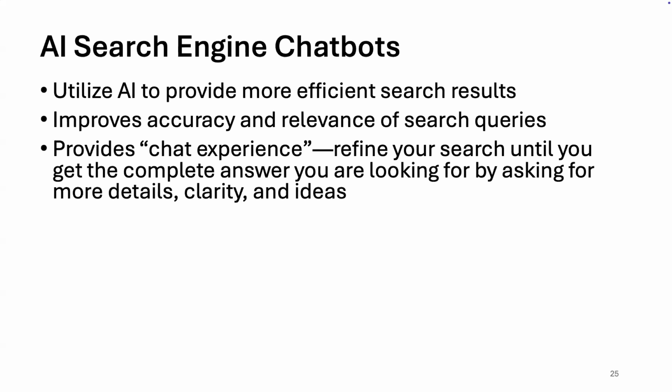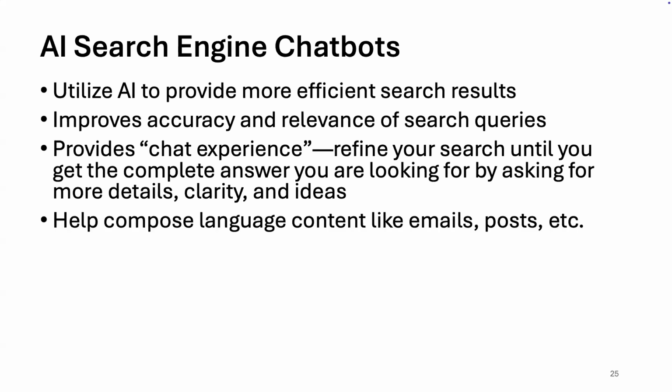And this is all a chat because it remembers what you said before. That's different than going to Google and saying, tell me about Scotland in 1850. It gives you all these websites. And then you have to say, no, I mean, rural Scotland. And then it will give you another list of websites. So this chat thing really makes it helpful for honing in on what you're trying to find.